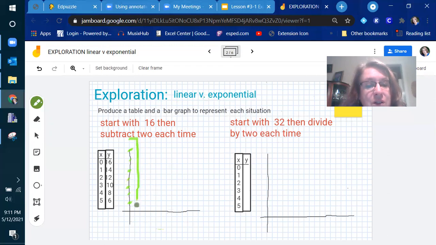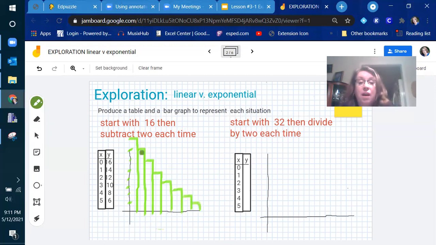So the first one's 16 squares, and I'm going to subtract 2, so that's 14 squares. I'm going to subtract 2, that's 12, subtract 2, 10, 8, 6, 4, 2. I could keep going. Every time I'm subtracting 2.